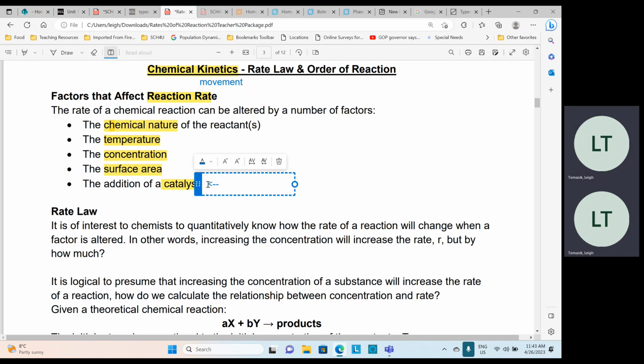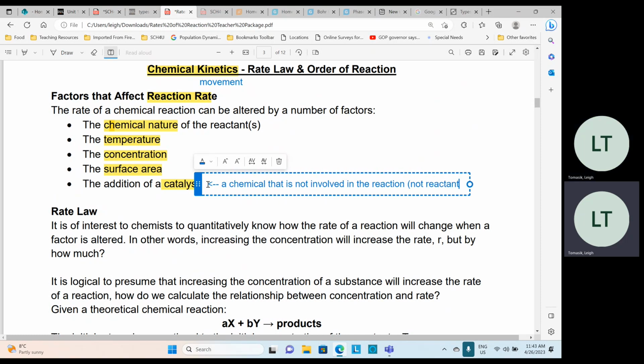So a catalyst is a chemical that is not involved in the reaction, meaning it's not a reactant and it's not a product.